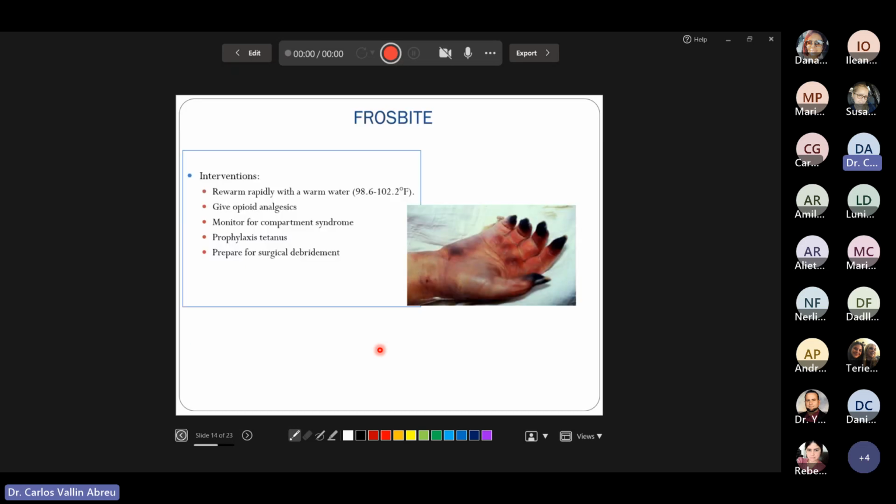Frostbite behaves like a burn. Why are we studying frostbite in Miami? Because it is a federal test, and frostbite behaves like a burn. In the case of frostbite, there is a double injury. One is the thermal injury produced by the cold.